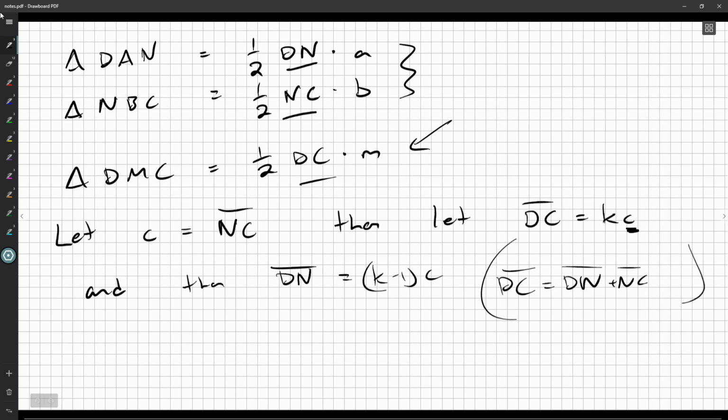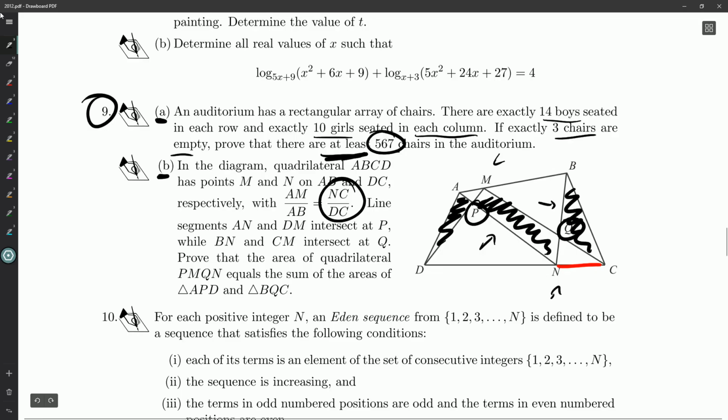Can we do something similar up here and maybe get A and B in terms of M? Or M in terms of B and maybe A in terms of B or something like that? So, well, let's go back and look at it now. In terms of information, I've used that these two are related, although you could have done that anyway. We haven't used the fact that AM and AB are related by the same ratio.